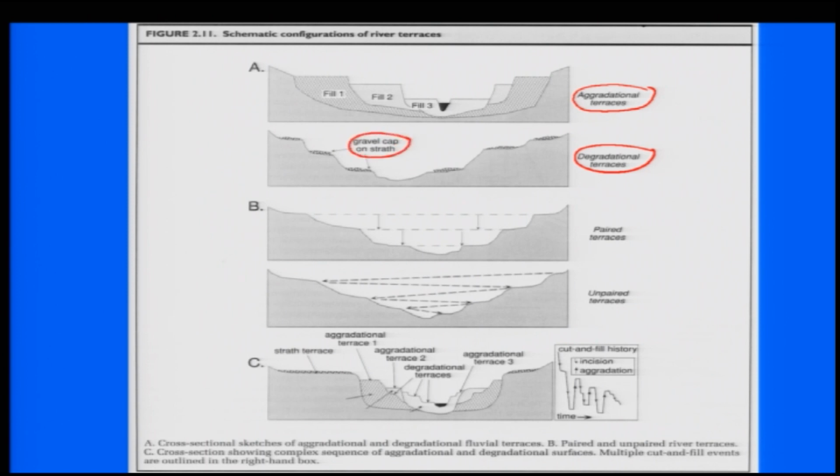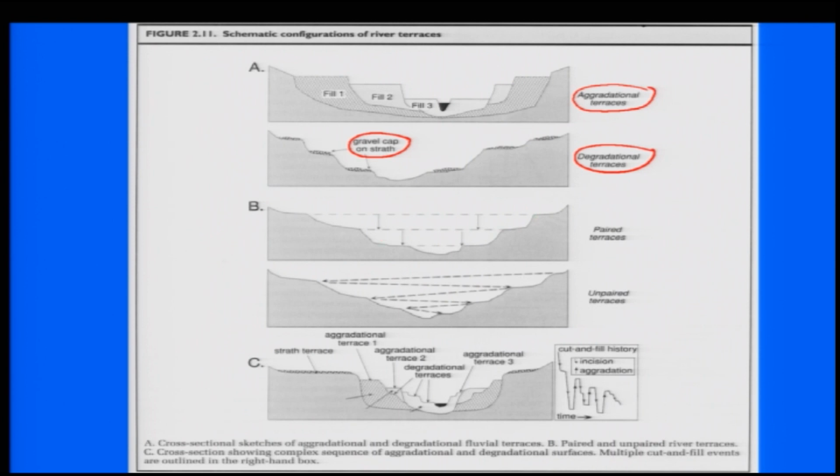So usually on the bedrock, along the cliff, you will find some fluvial deposits which are also part of that terrace, okay. Then we have the paired terraces, as we have discussed, and unpaired terraces will not have the systematic profile on either side, okay.